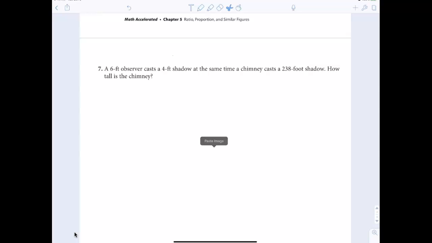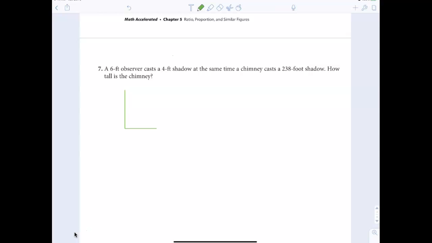Now, you have a 6-foot observer casting a 4-foot shadow. So what you're supposed to do is tell me that your person is 6 feet tall and they cast a 4-foot shadow. Now, where is the shadow? The shadow is on the ground.